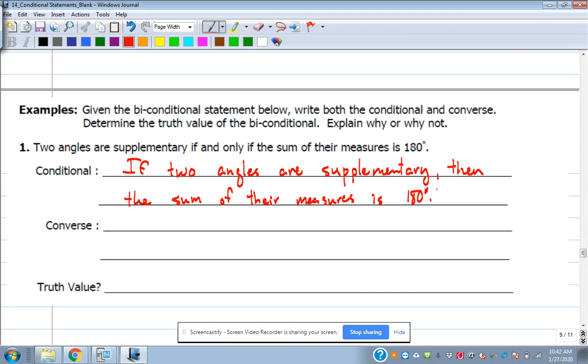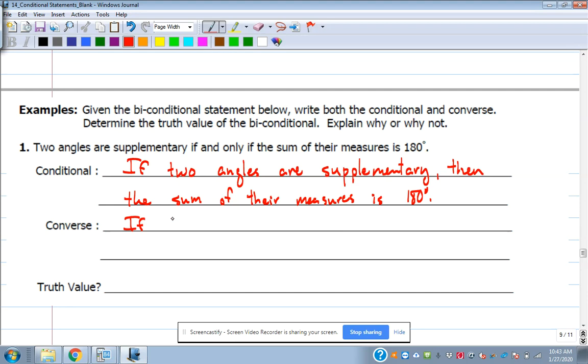That's if-then form. The converse is the other direction. So the converse does what? It switches them, doesn't change them as far as negation or anything. Negation is inverse. Converse is just swapping.